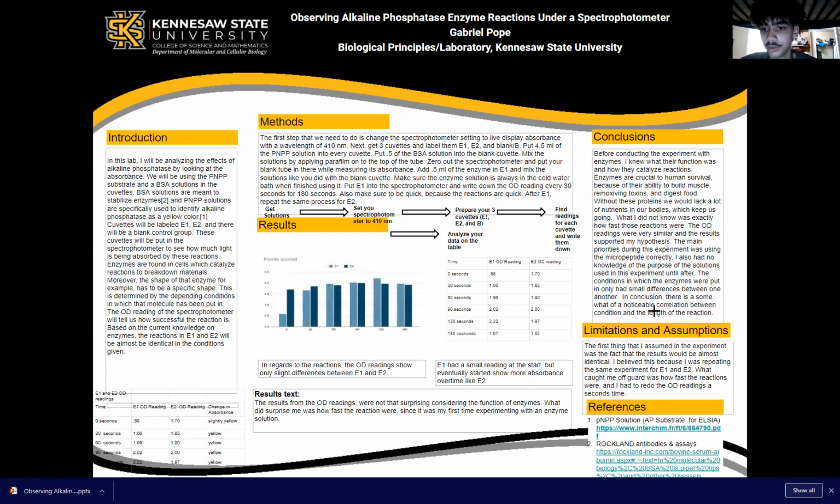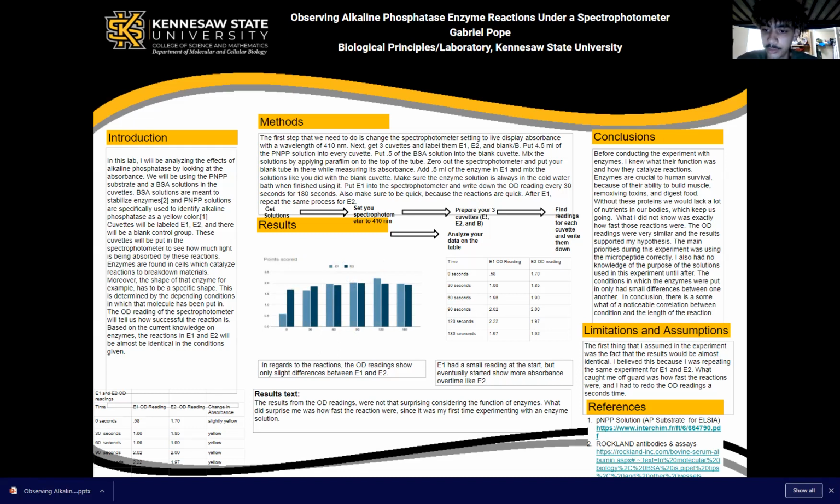So in conclusion, there was only somewhat of a noticeable difference between the condition and the length of the reaction. The limitations and assumptions I had were, first, that I made the assumption that the reactions would be identical.